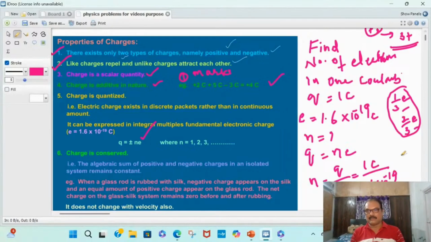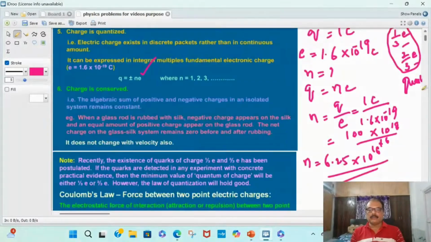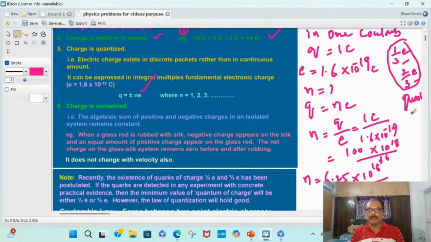They are called quarks. These quarks generally exist for a small time. That is why the smallest charge always taken is 1.6 into 10 to the power of minus 19 coulombs.